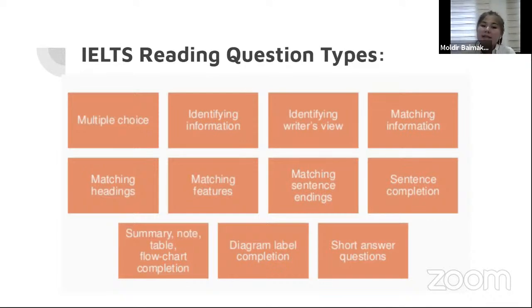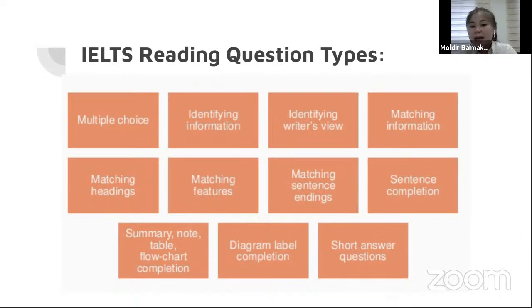Mostly this is to understand what you are asked for, to highlight keywords, and then to scan the text properly in order to locate information, cross out all the options that you don't need, and then of course choose the most appropriate one.